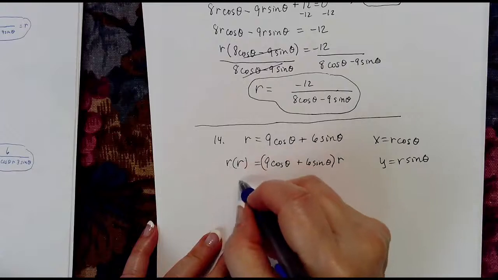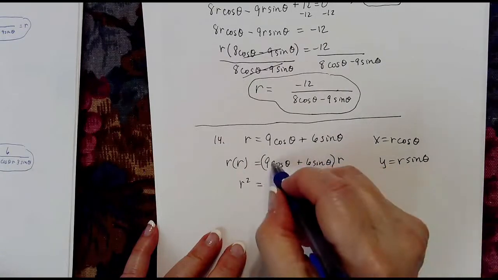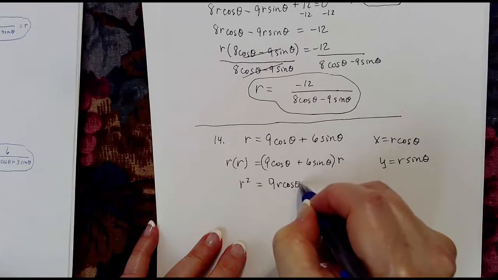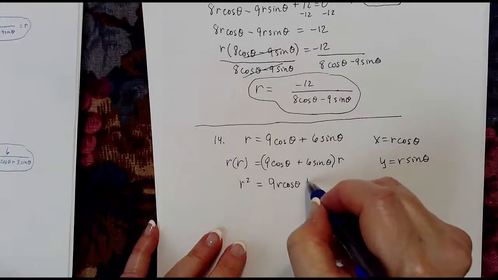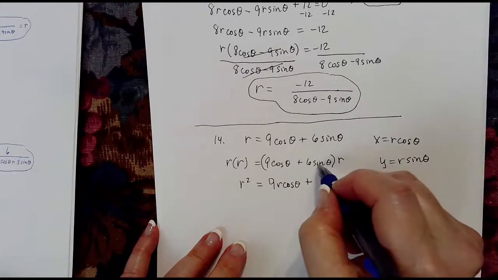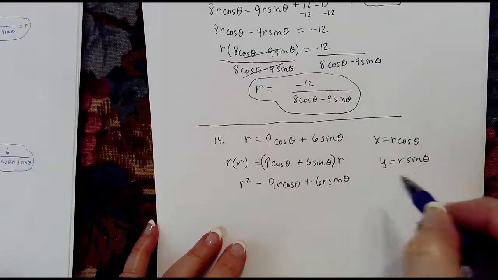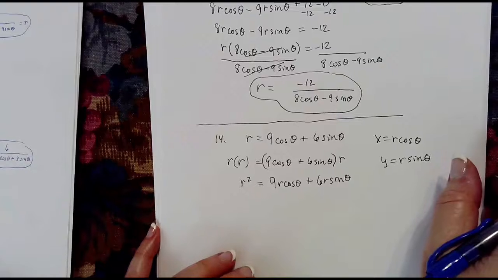So r times r is going to give me r squared. So now this r, we're going to come in and write it in the middle. So 9r cosine theta, because I'm multiplying it times the r cosine theta, plus, same thing on this side, 6r sine theta. Do you see what I did? As long as you multiply by the same thing on both sides, it's still going to be equivalent.